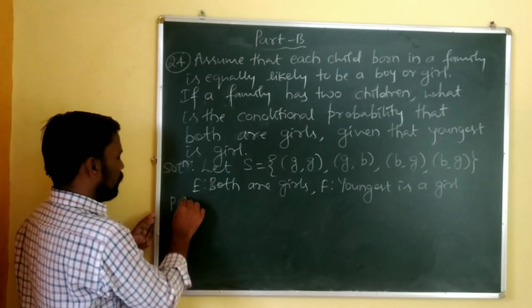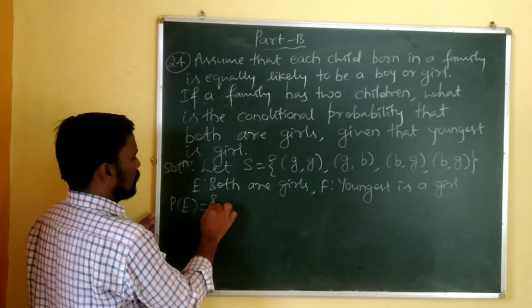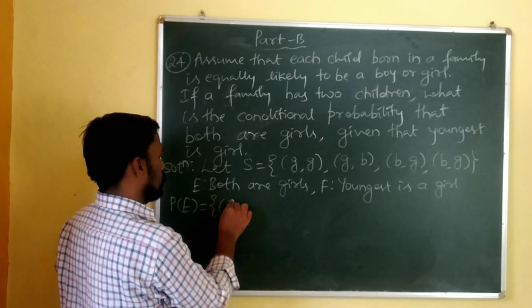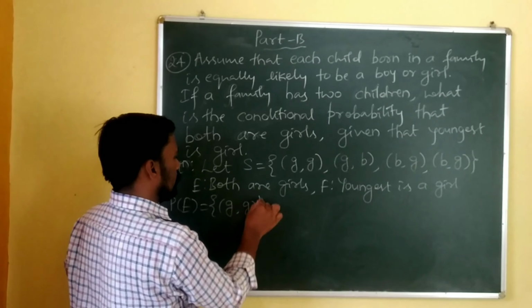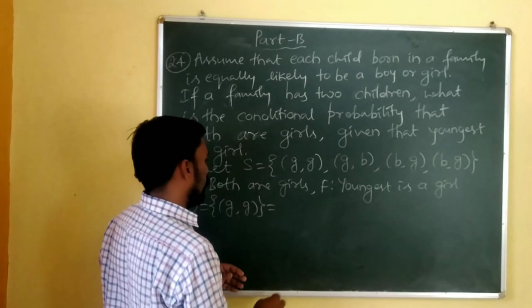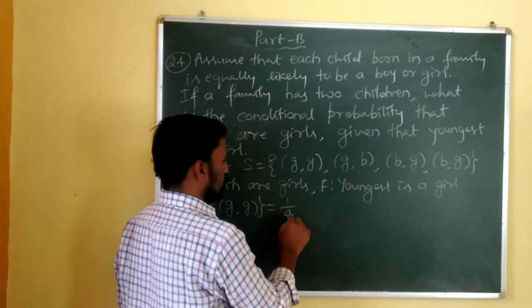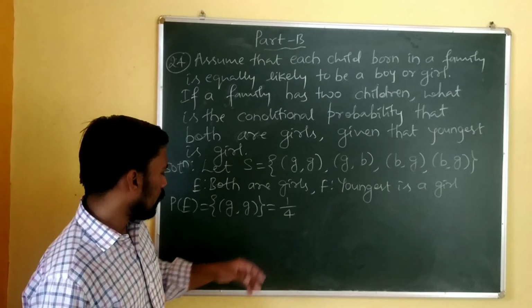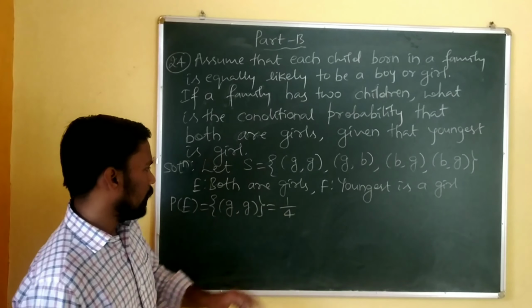Now P of E, both are girls, means only one outcome, G comma G. So its probability is 1 divided by 4, since the favorable outcome is only 1 and the total number of outcomes is 4. P of E is 1 by 4.